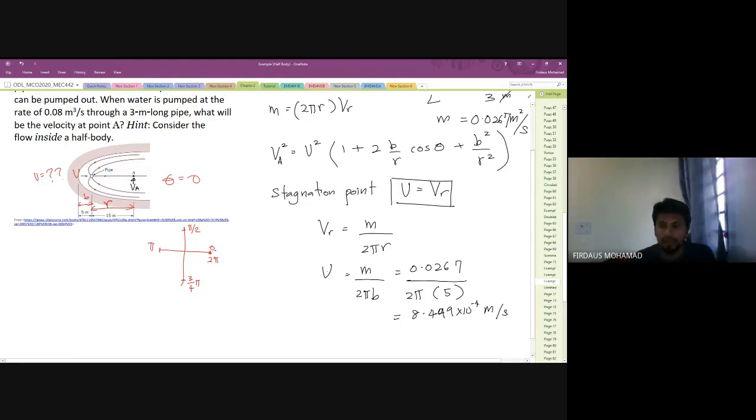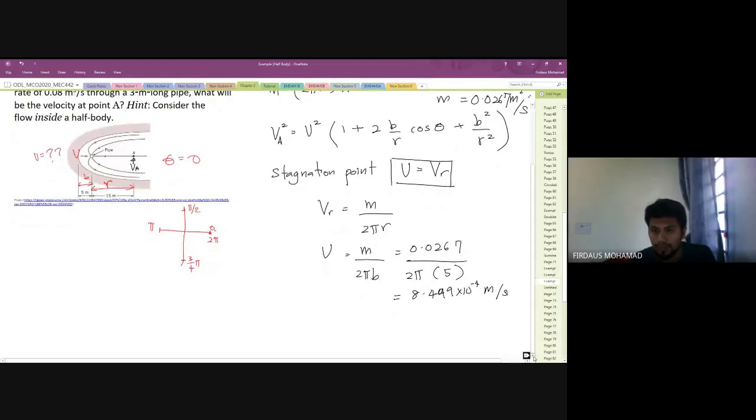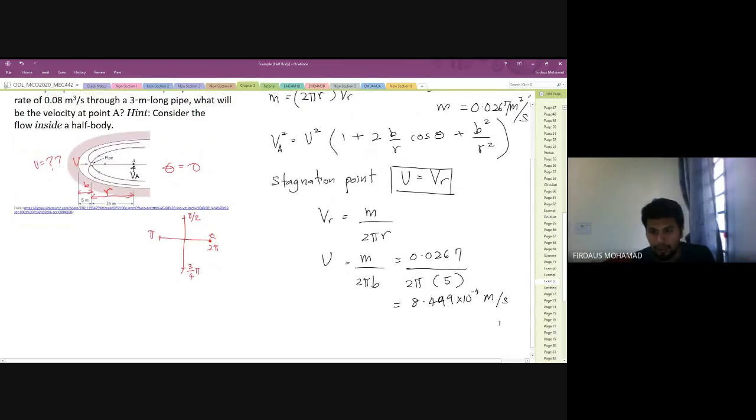So this is the U. From this U, you can just substitute U in this equation, with 1 minus B over R cos theta, B square over R square. So you will get the final answer for V_A.